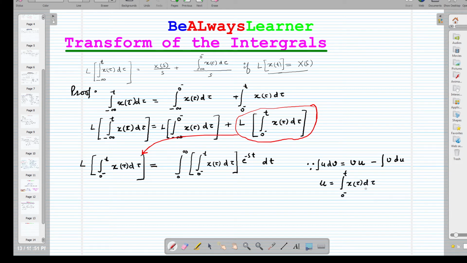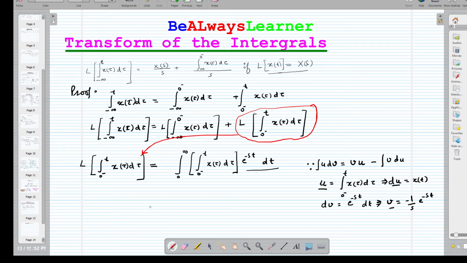We take its derivative to find du, which is equal to x(t). Then dv is the outer part, e raised to the power minus st dt, which implies that v is equal to minus 1 by s e raised to the power minus st. That's how we find the values of u, du, and v.